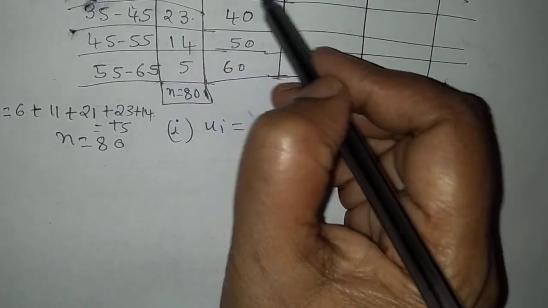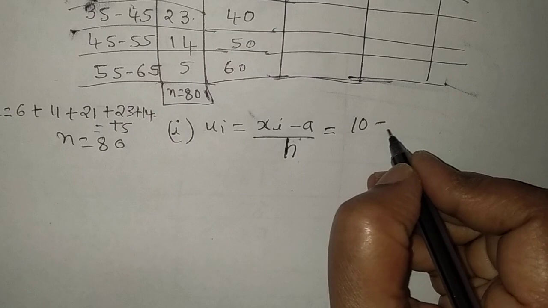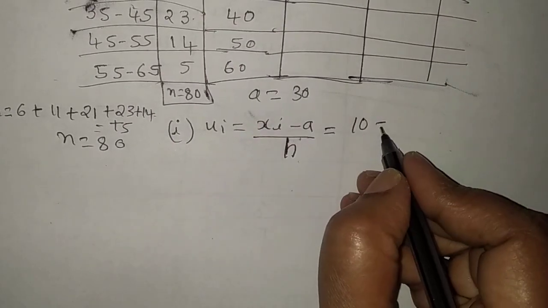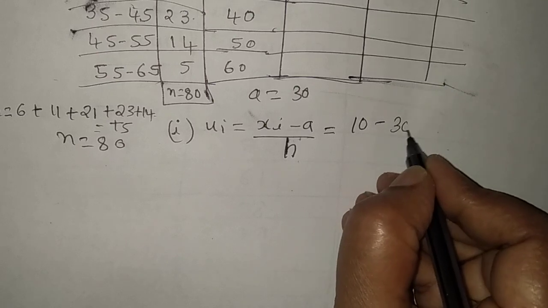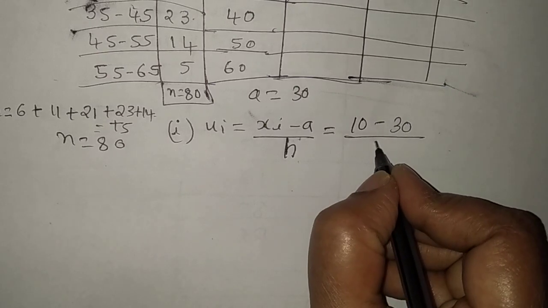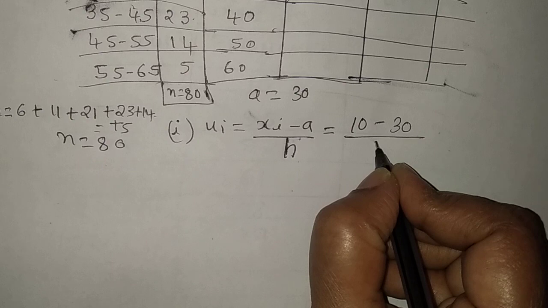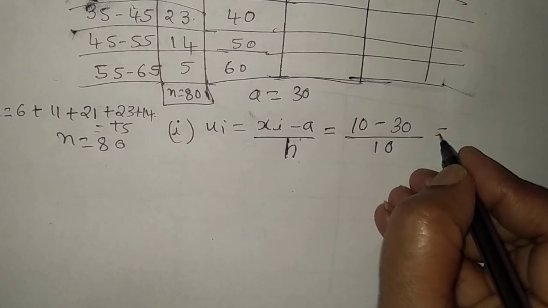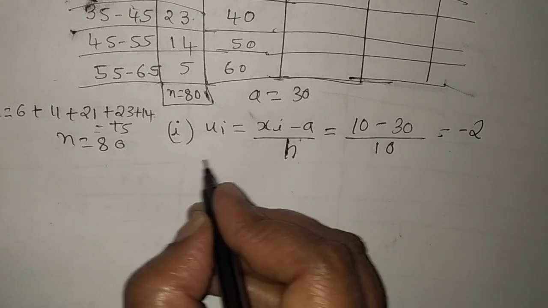Taking your midpoint, that is a. A is 30. Xi is 10. 30 in my h is how much? H is 10. Simplify, we'll get minus 2.